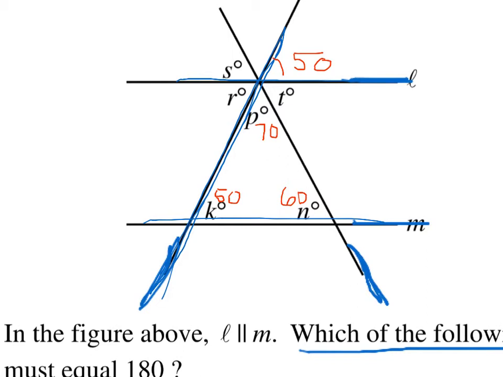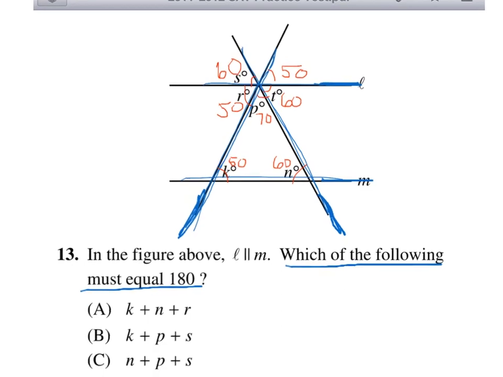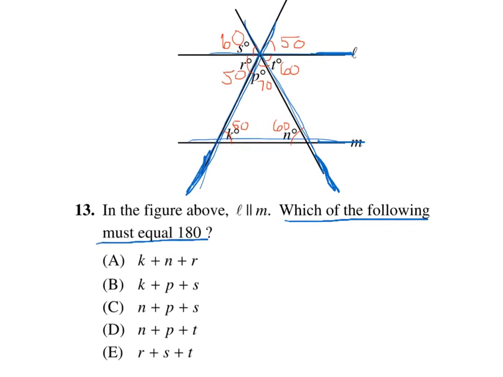Same reasoning, except for using this line as a transversal, tells us that this angle is 60. Now it's not a big deal to label the rest of the angles because that makes this one 50 and this one 60. Vertical angles are always the ones that I try to label right away if they come up because they're the easiest. Now, let's look at the answers.